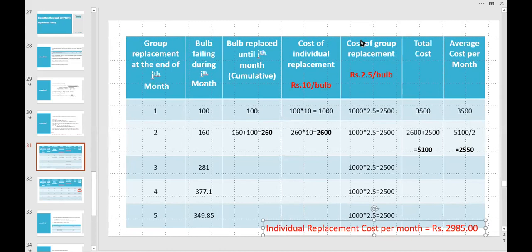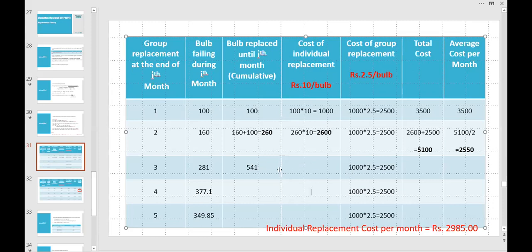Just a moment. Now you can unmute yourself. Sir, 541. Yes, 260 plus 281.